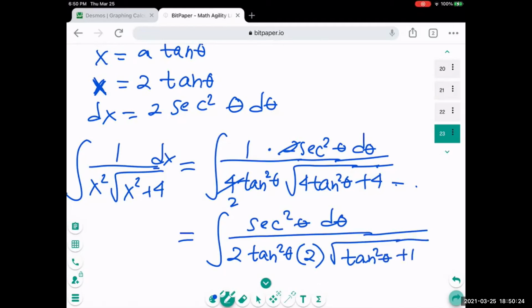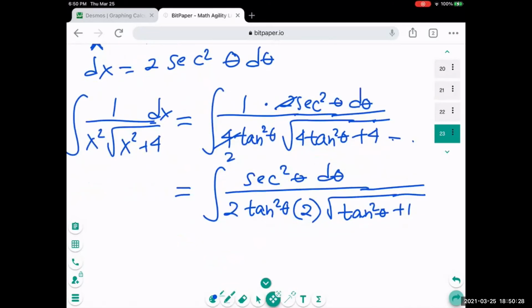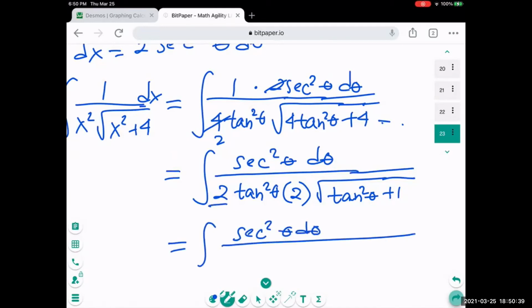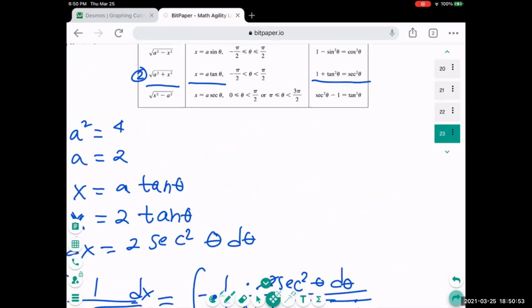Right? And then we notice yung Pythagorean identity, this is secant squared theta. So again, we can simplify this. Combining the 2, we get 4 tangent squared theta, and this is secant theta, based on the Pythagorean identity 1 plus tangent squared theta is equal to secant squared theta.